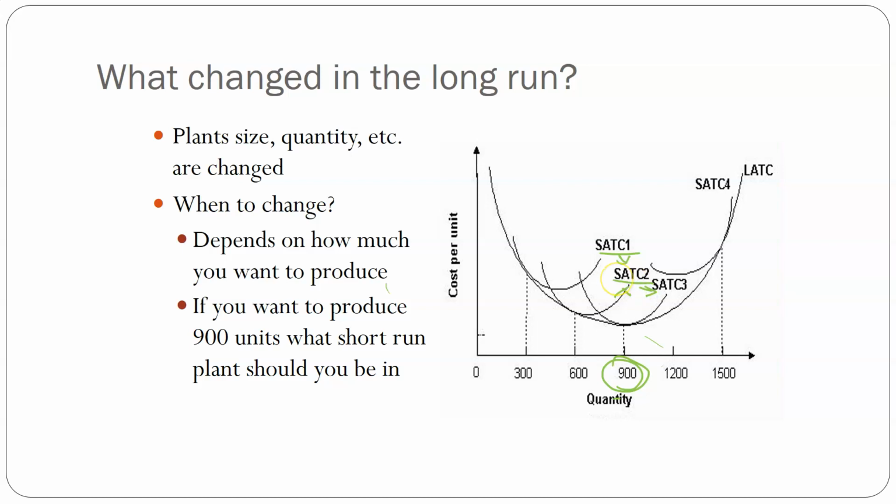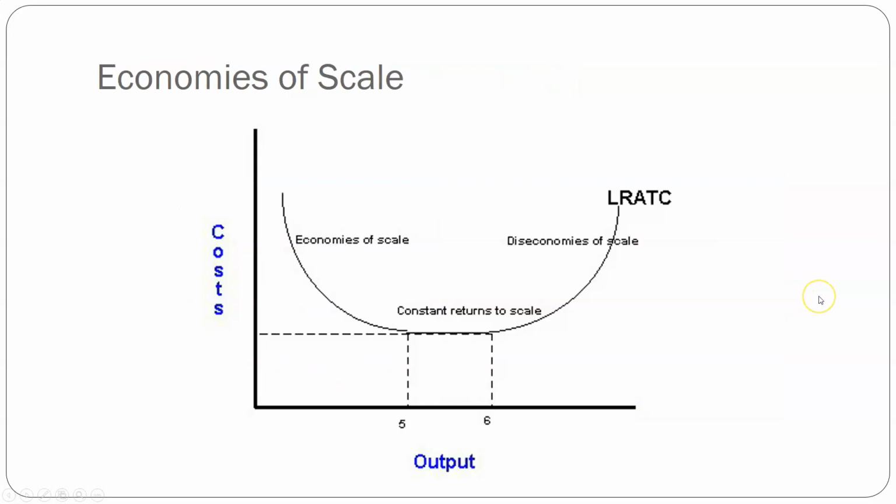So it always just kind of depends on what the goal of companies is as far as should you or should you not. Also, it's expensive to change fixed capital, so there's that part too. Okay, so we actually identified the 3 different stages, 3 different parts of the long run cost curve in this way. The first part is economies of scale, and that's this first part where it is actually downward sloping.